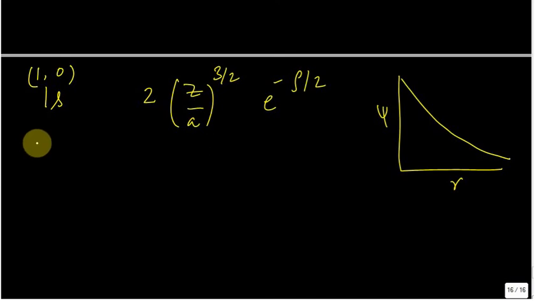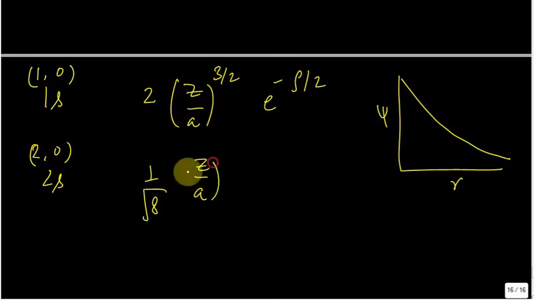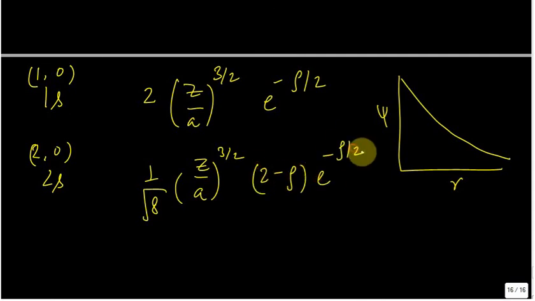Coming back to the next orbital, that is 2s, 2 comma 0. The wave function is given by 1 by square root of 8, z by a to the power 3 by 2, times 2 minus rho, times e to the power minus rho by 2. It's still 2s, so the value of L is still 0.